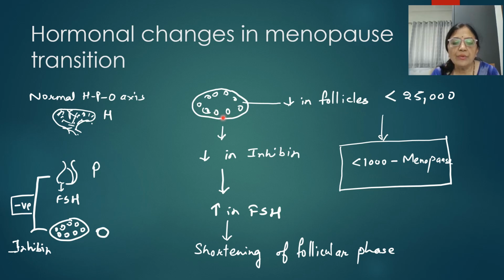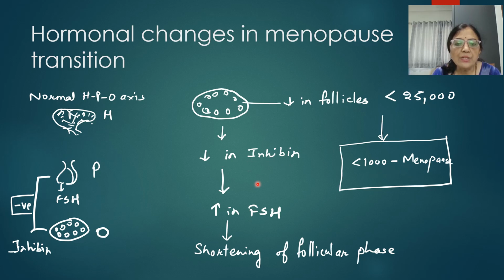Whenever the number of primordial follicles in the ovary is less than 25,000, it is reflected in a drop in inhibin level. So the inhibin level drops whenever the primordial follicle count is less than 25,000, and when the count is less than 1,000, the ovarian aging is to the extent that a woman enters menopause.